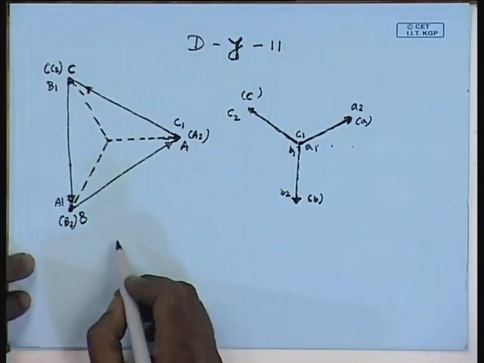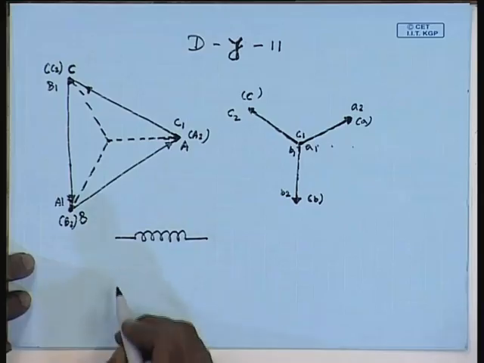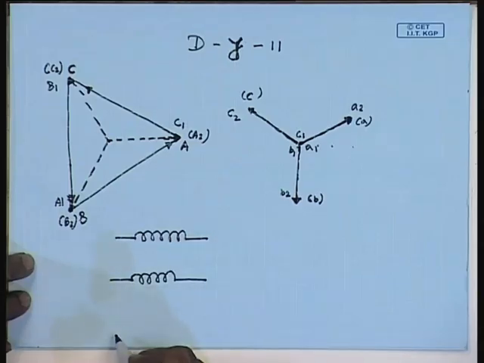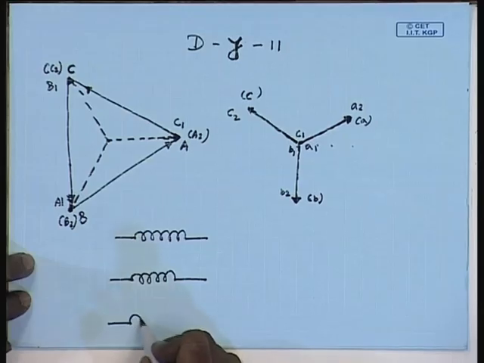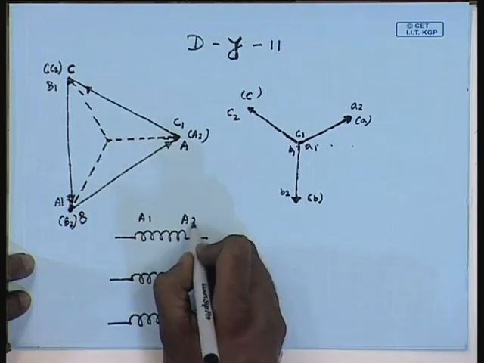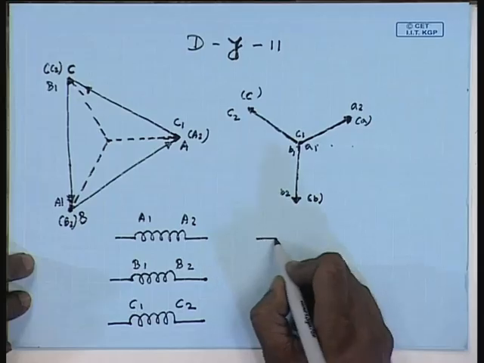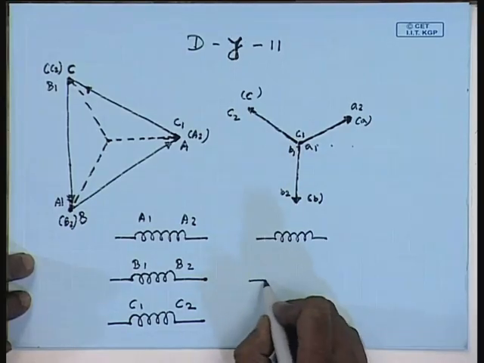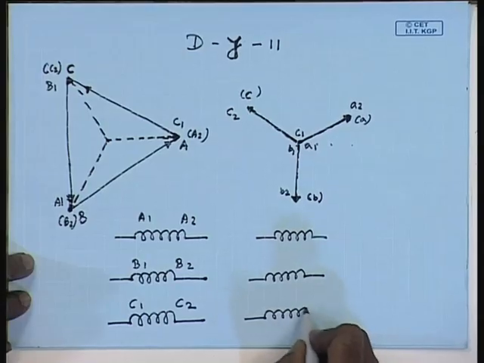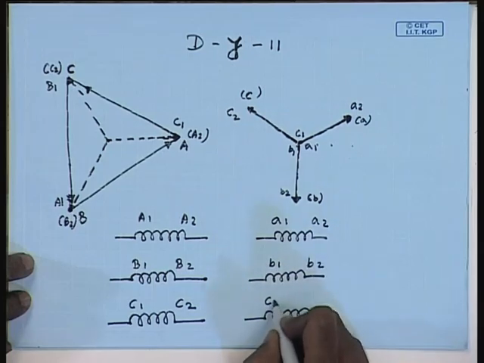The connection wise, A1, A2, B1, B2, C1, C2.